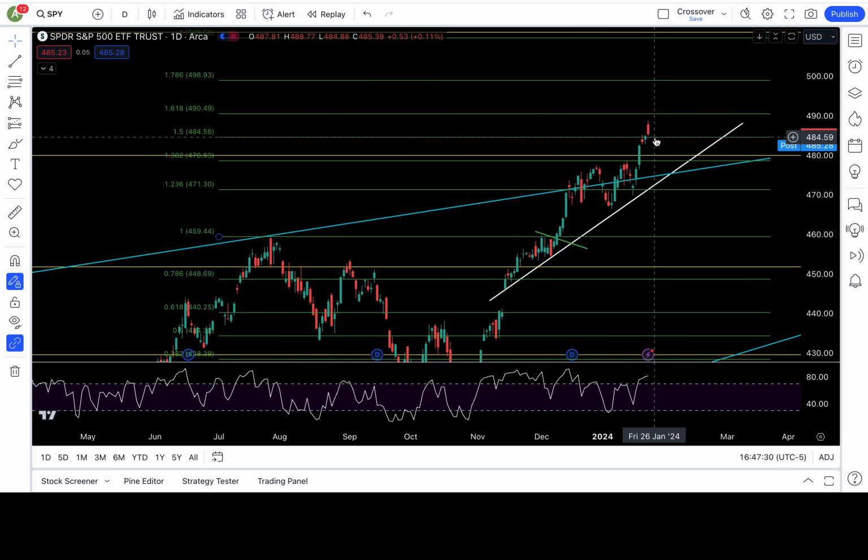The more support we break down, it's good for bears. Okay, 484.5. I've got 482.7 as a support. If those levels fail, 480 and 478.6 is a possibility, which is another Fibonacci support level that I have. But overall, the bottom line is, below 484.5 would be bearish.